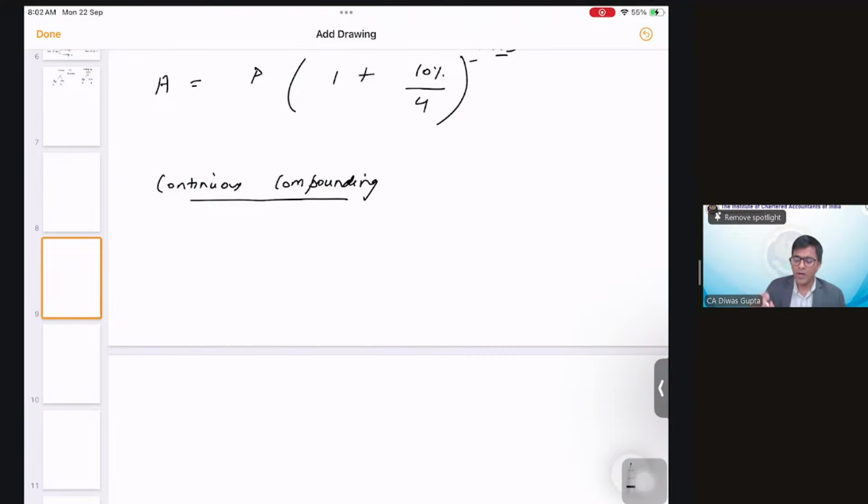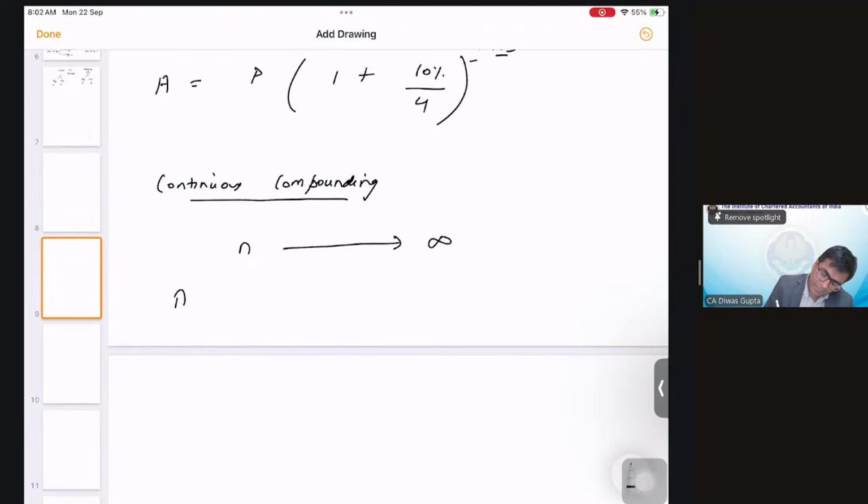Continuous compounding assumes that there is an infinite number of compoundings happening in a particular time frame. For example, every millisecond the compounding is happening. So it is assuming that N is infinity. N is the number of times the compounding is happening in a year, right? It assumes that it is infinite.